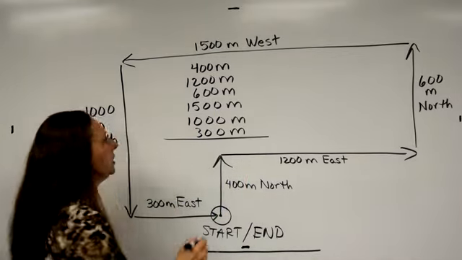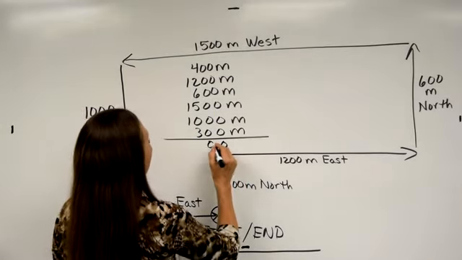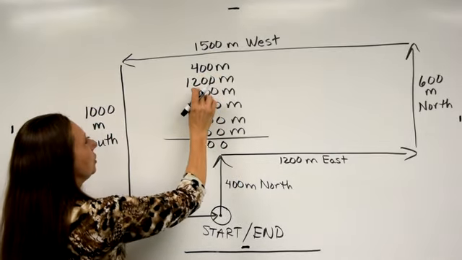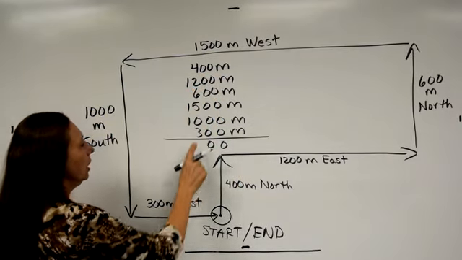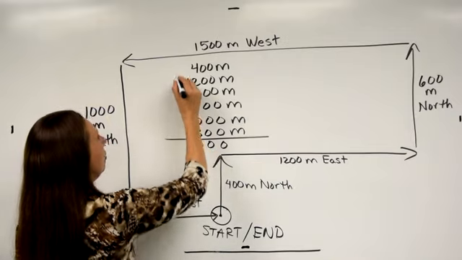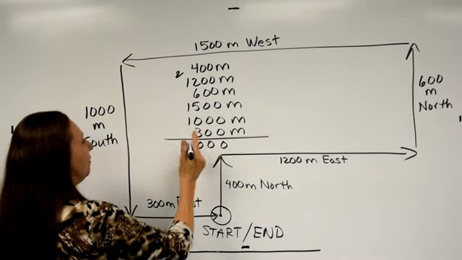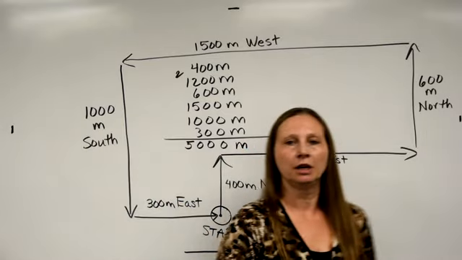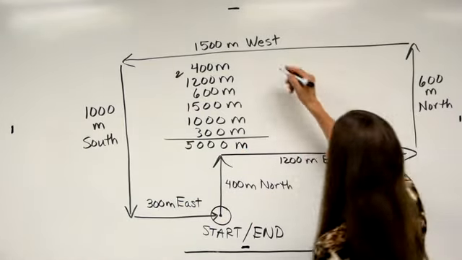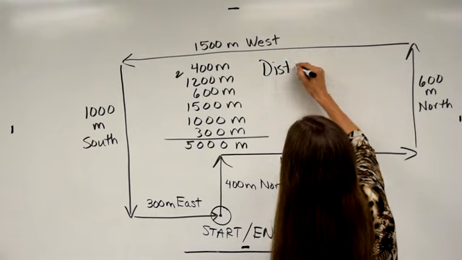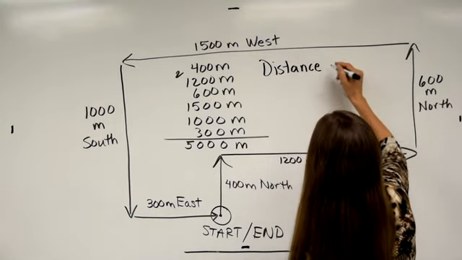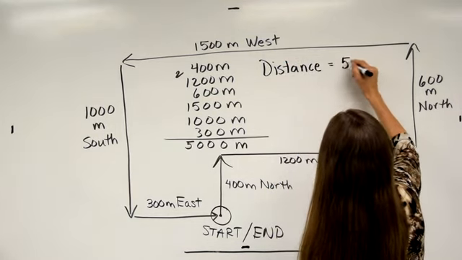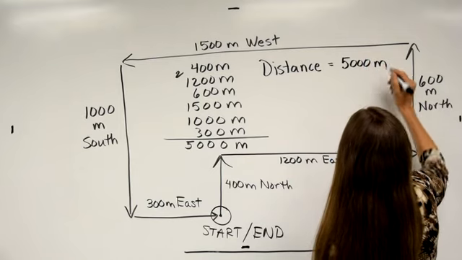What was the distance that she covered? We've got 4, 6, 12, 17, 20, 0, carry the 2, 3, 4, 5. She ran 5,000 meters that afternoon. So the magnitude of the distance that she covered was 5,000 meters.